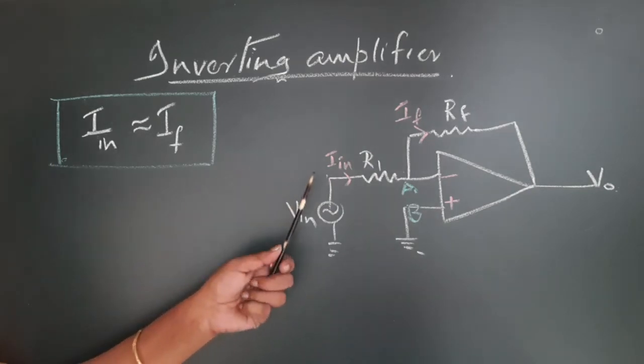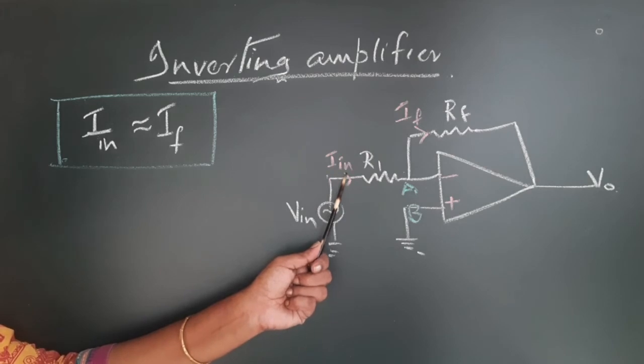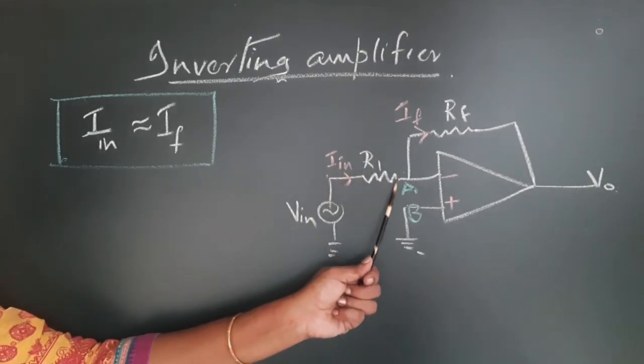Now, the question is, how can we write Iin? Iin is the current through R1.